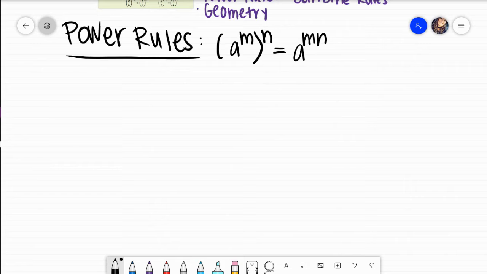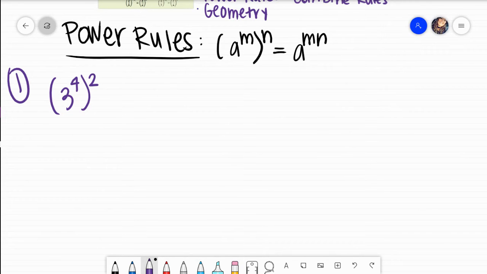Okay, so an example using actual numbers would be something like this. In parentheses, we have the number 3 being raised to the 4th power. Our base is 3, our exponent is 4. Close your parentheses. Let's raise that again to the 2nd power. Do you see I've got 2 exponents?